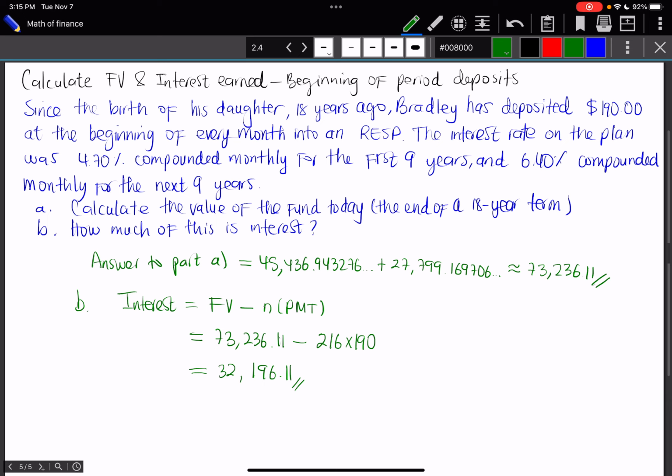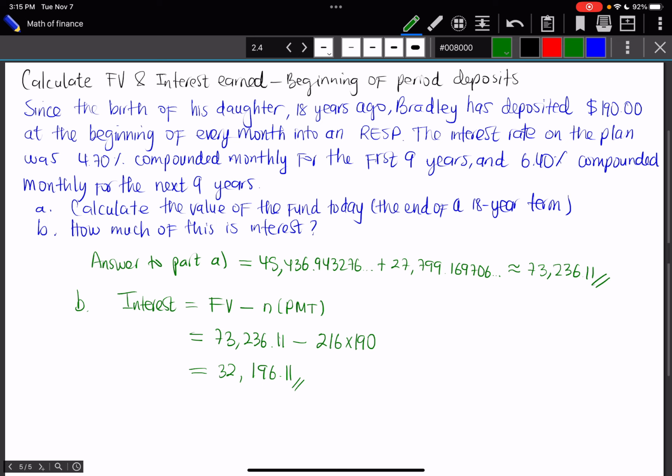With the first annuity, its future value was what it was worth after 9 years, and there were 9 more years that had to pass, so we had to find the future value of that amount.